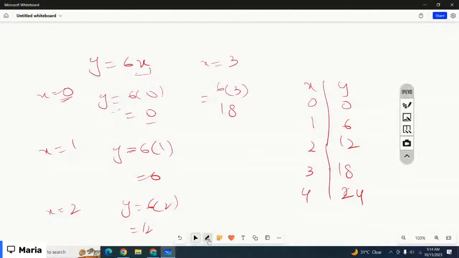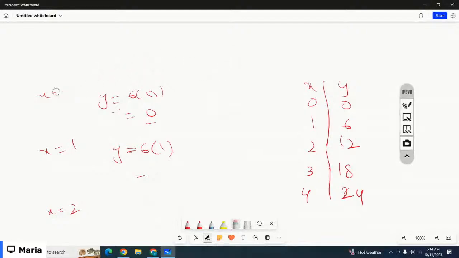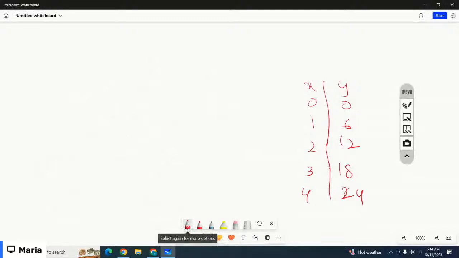Okay. How do we make graph? Here is the x values and here is the y values.